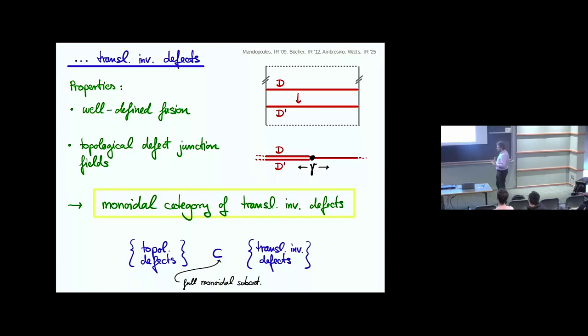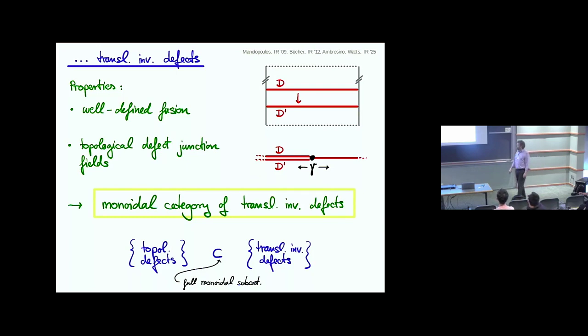So in the more general defects, which appeared also in Yifan's talk, if you try to move two defects close to each other, you will encounter some singularity. So it's not so clear what you mean by the fusion operation. Some work has to be done, so then you get this notion of OPE of defects, which may be associative or not. But here these problems are not present because there is no singularity, because you do have this translation invariance. You can just push this onto this one, and then you have a new translation invariant defect.